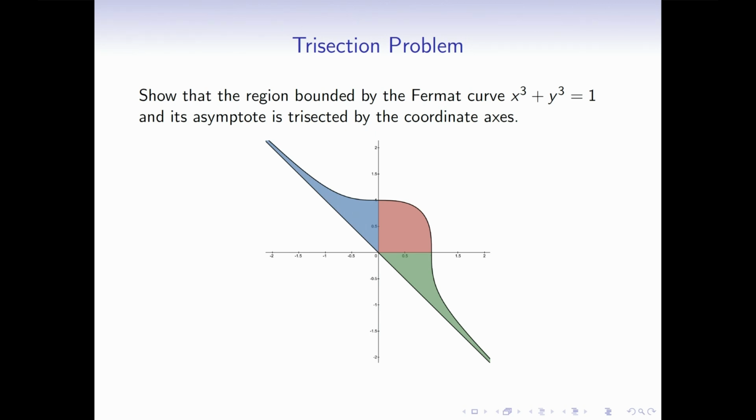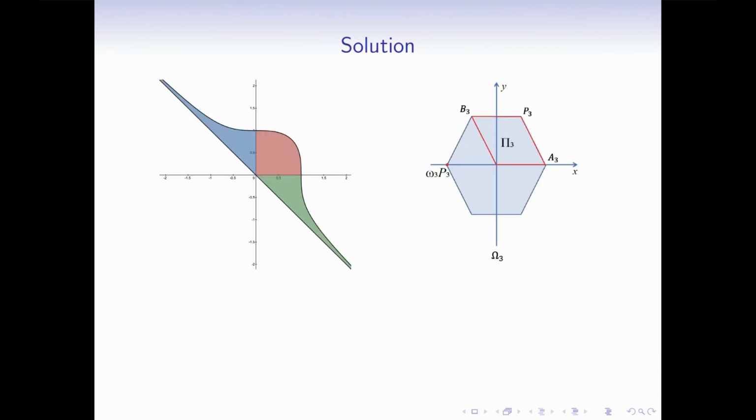And I told you what is the area of the red in the first quadrant. That is pi 3 over 4. So I'll be done if I can show that this area is pi 3 over 4. Well, for that, you need to understand that this area is the areal parameterization, scaled by half, right? So what is the first negative number alpha such that sine 3 alpha is negative infinity?